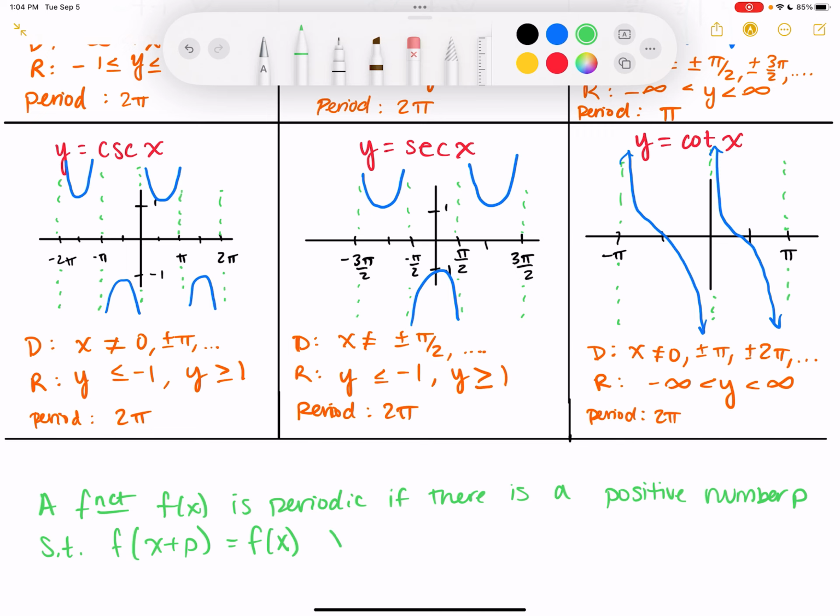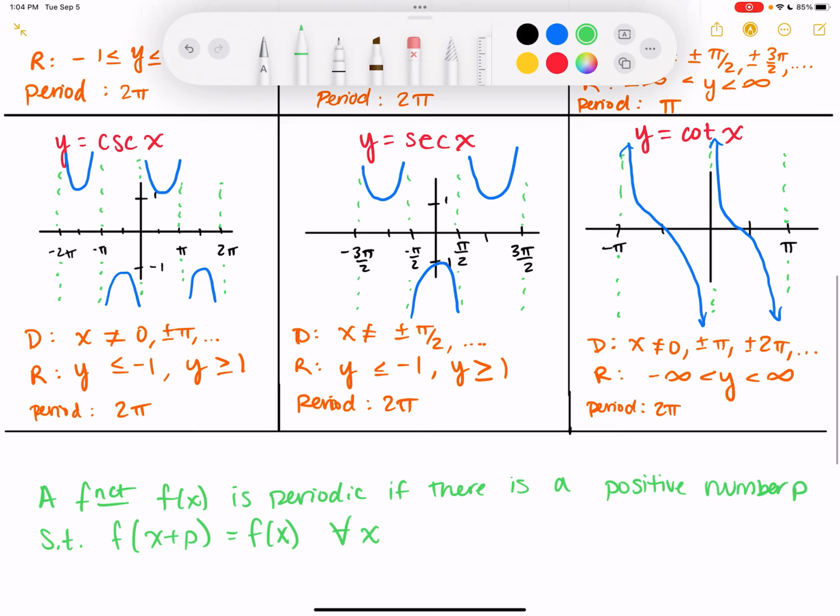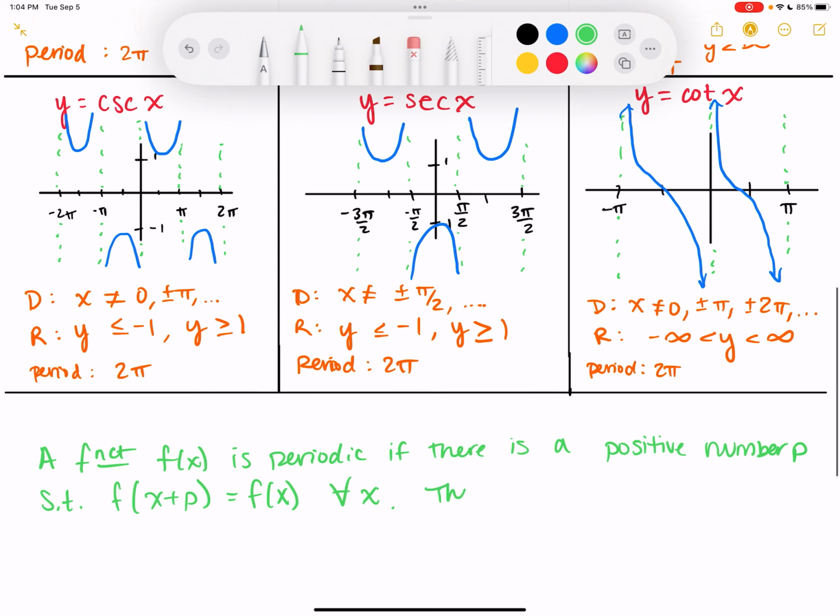All right, this upside down A means for all x. The smallest such value of p is the period of f.